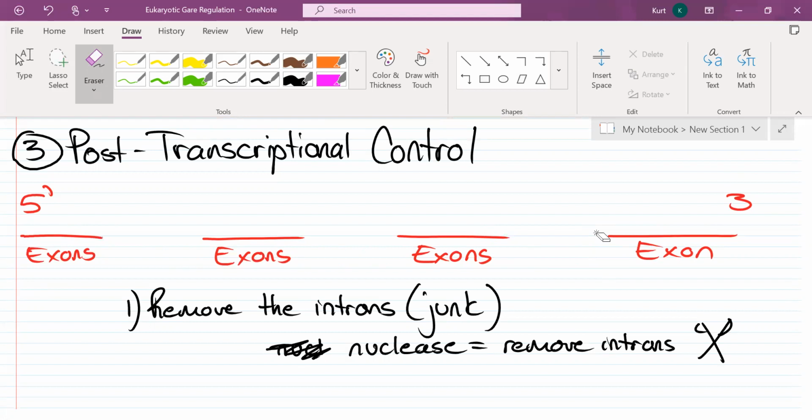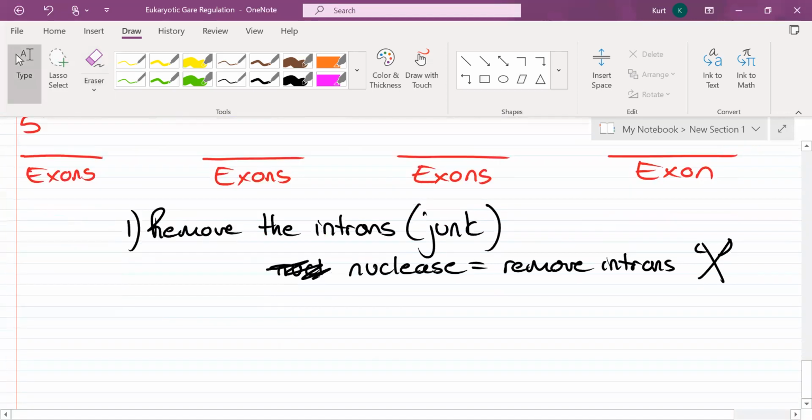It's like reading the statement of agreement on an Apple iTunes form. There's just a lot of garbage that doesn't apply to you. So the introns are basically parts of the DNA, or in this case RNA, that really have no purpose. So you get rid of them.